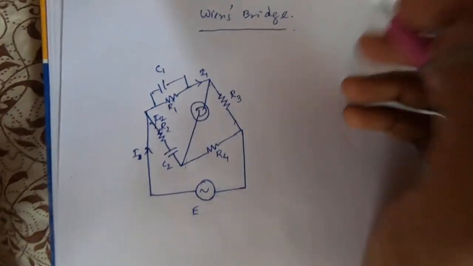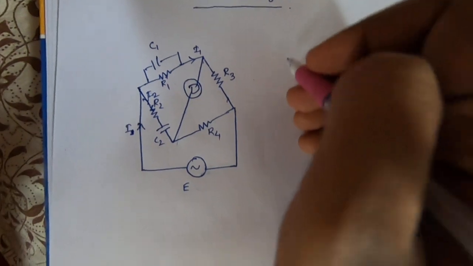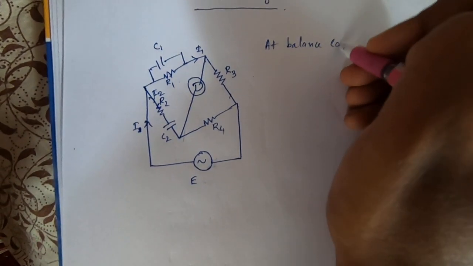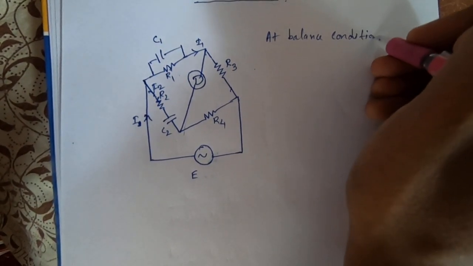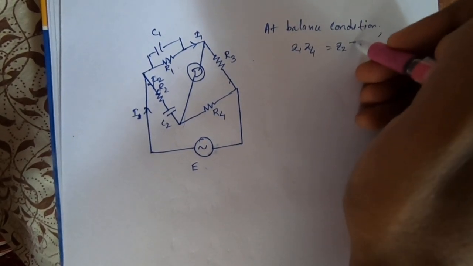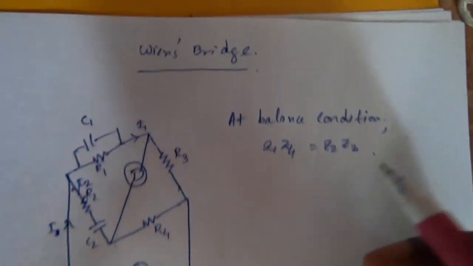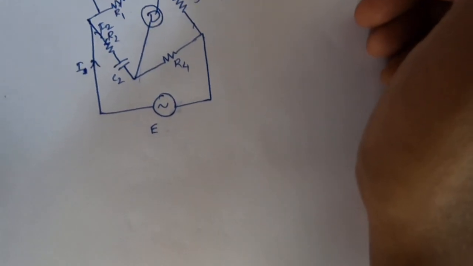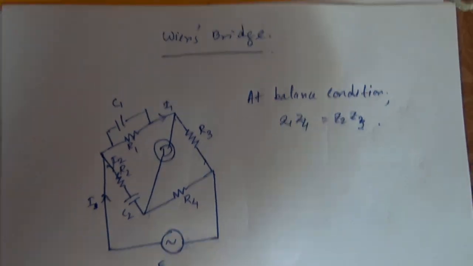Now applying the bridge balance theory, we know that at balance condition Z1 Z4 should equal Z2 Z3.